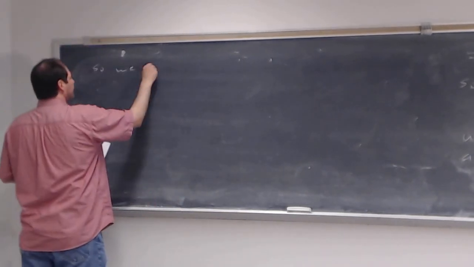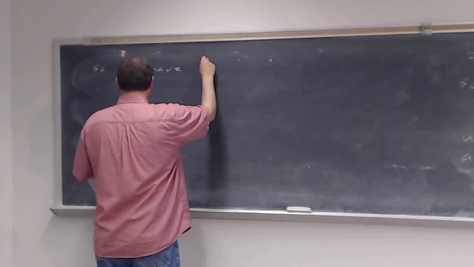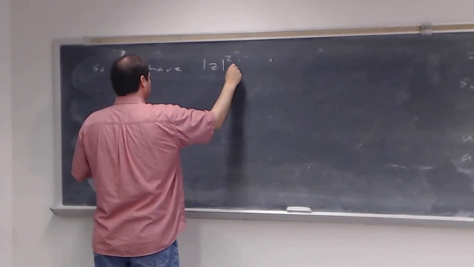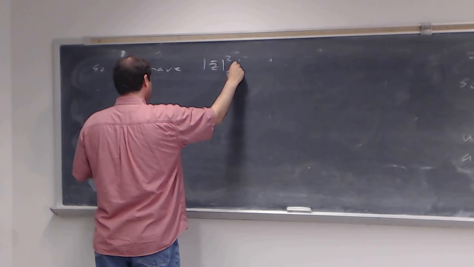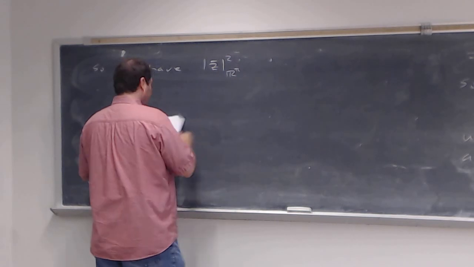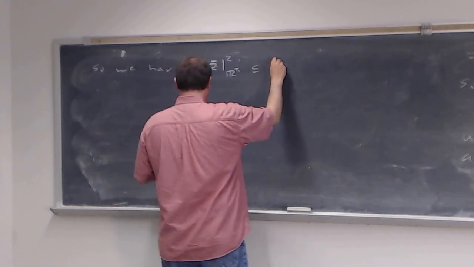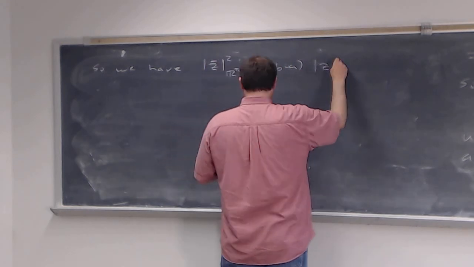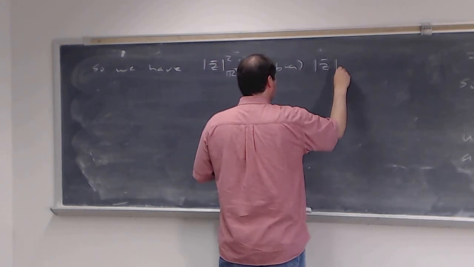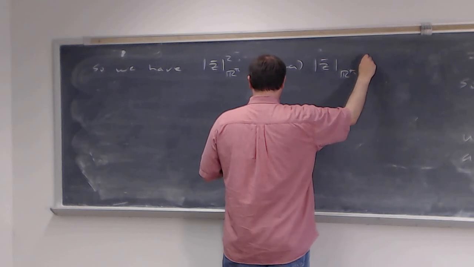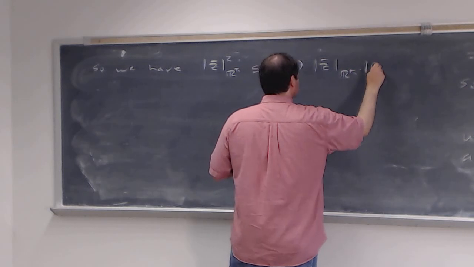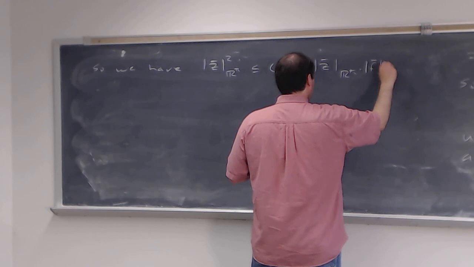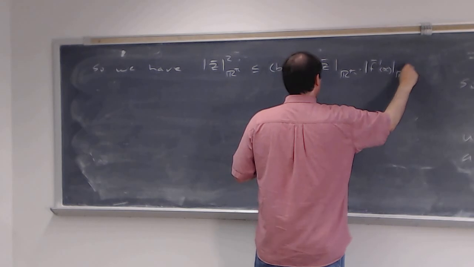So we have that the z bar squared norm in RK is going to be less than or equal to b minus a times the norm of z bar in RK times the norm of f bar prime of x in RK.